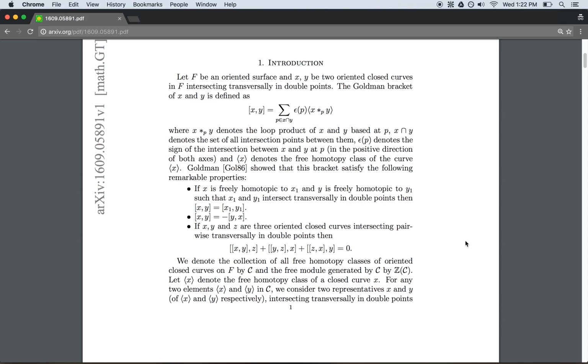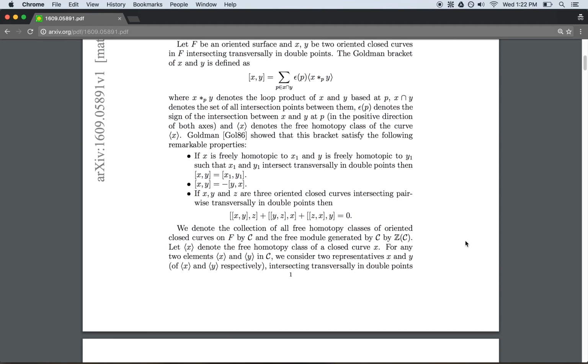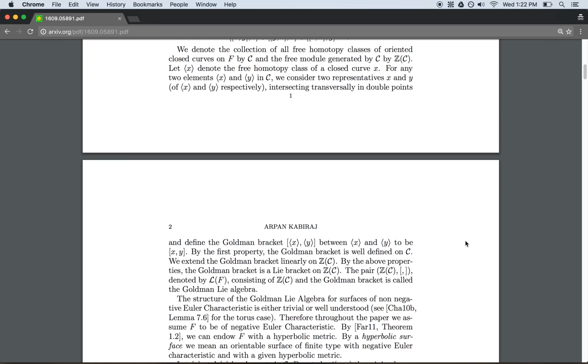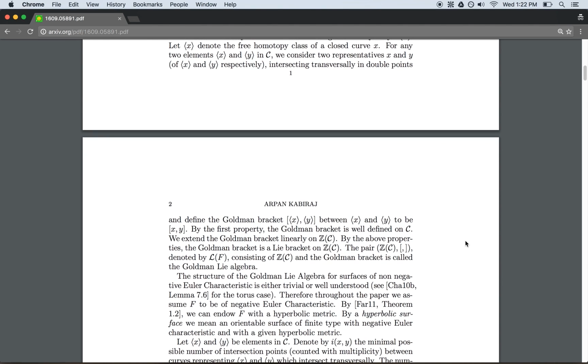For any two elements, angle bracket x and angle bracket y in script C, we consider two representatives x and y of them respectively, intersecting transversely in double points, and define the Goldman bracket between angle bracket x and angle bracket y to be the bracket [x, y]. By the first property, the Goldman bracket is well defined on script C.